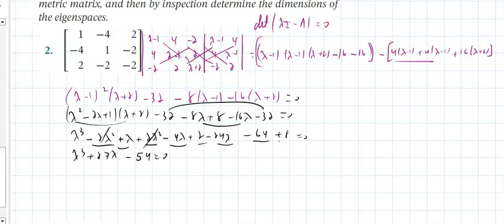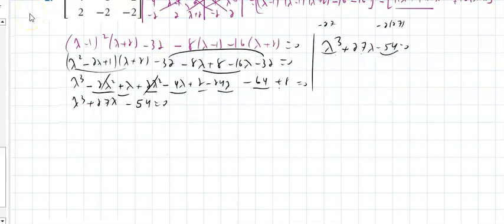Now comes the tricky part. I'm trying to factor lambda cubed plus 27 lambda minus 54 equal to 0. So I take factors of 54 divided by 3. Okay, just making sure before I go on. That was a negative 27, right? That's negative 24, negative 28 plus 1. Okay.